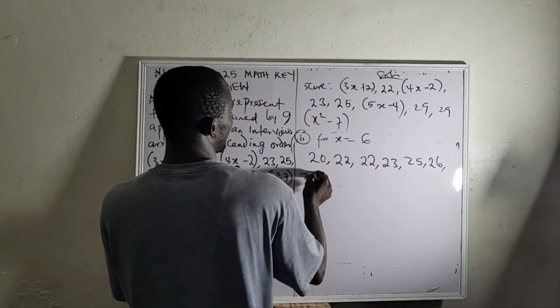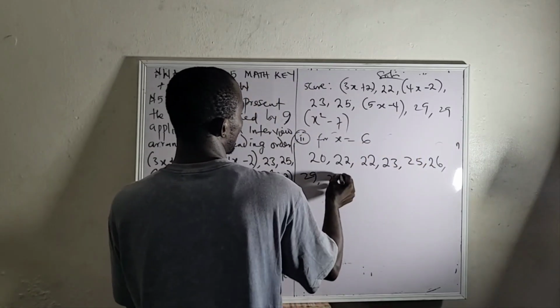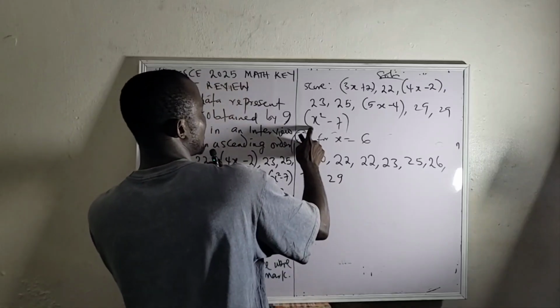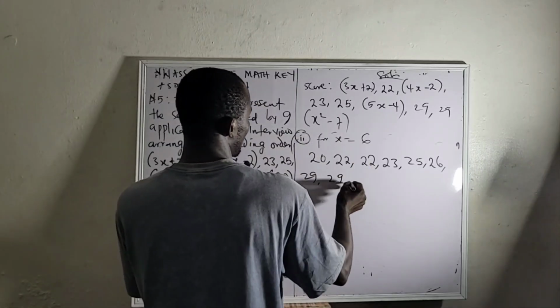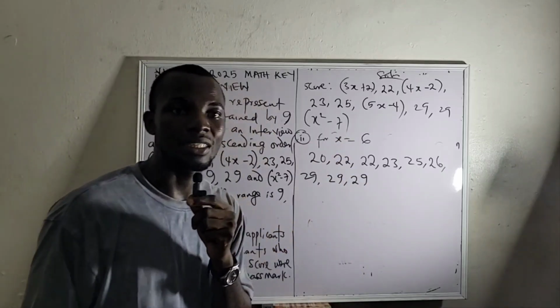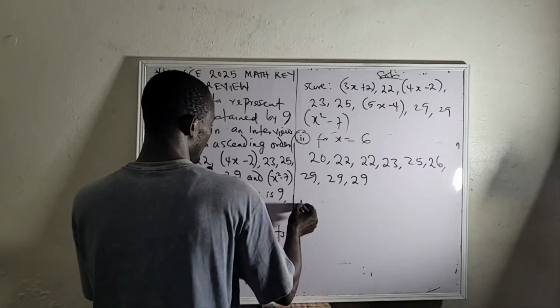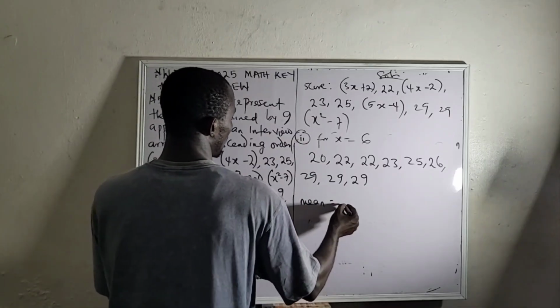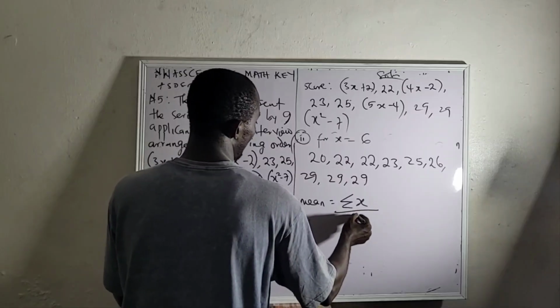And then that will be 29. That will also be 29. This will also be 29. And then this is x squared. 6 squared is 36. Take away 7. That is also 29. So we have the scores complete in numbers. So mean equals the summation of the values over n.